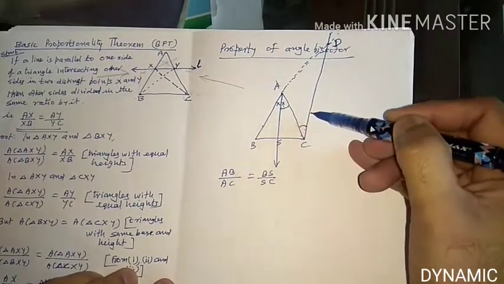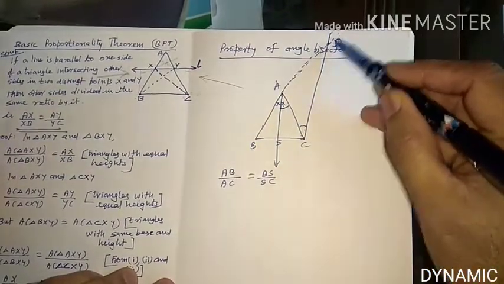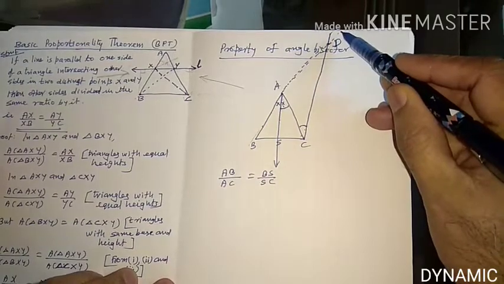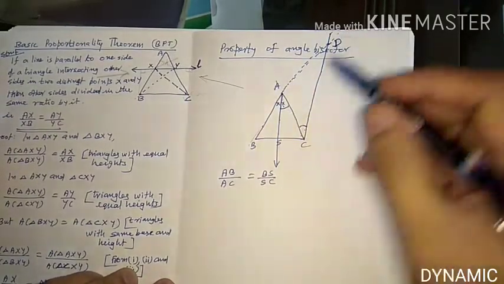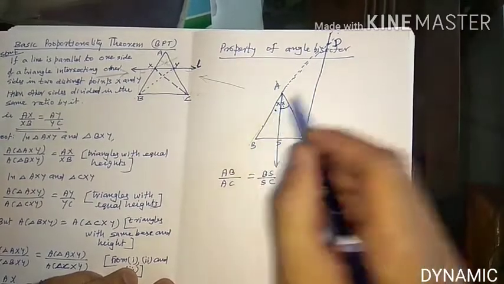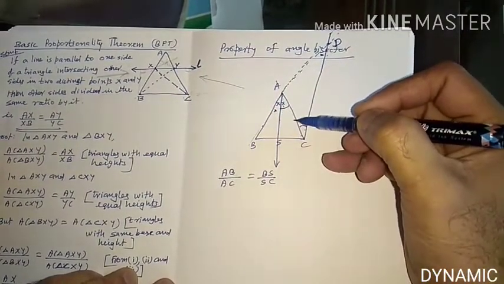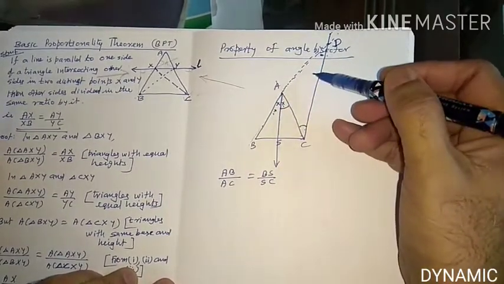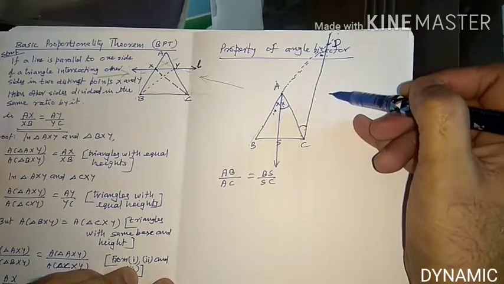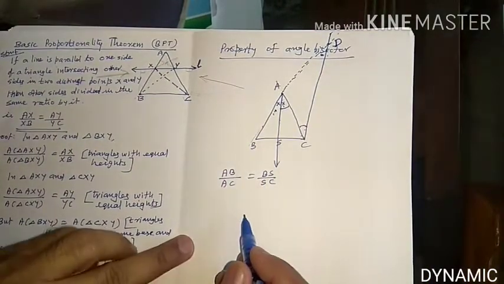Also, BAD, BD is a transversal for the same two parallel lines. Therefore, this is one pair of corresponding angles. Corresponding angles are congruent if lines are parallel. So we do that proof today itself.